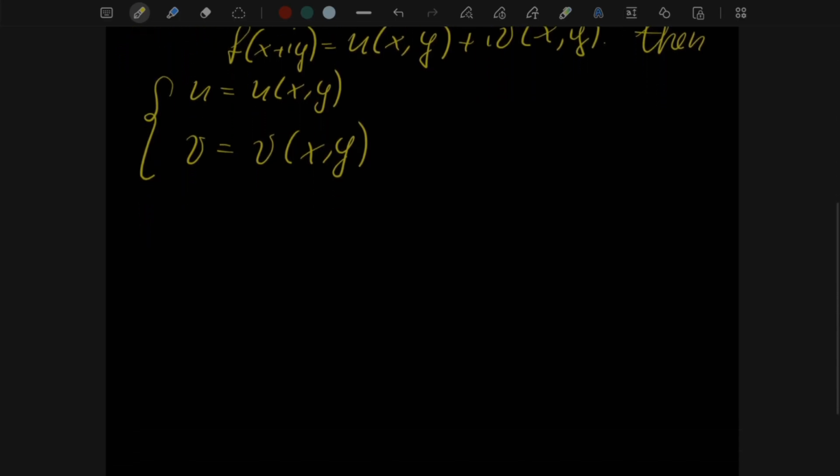Now, let's define a limit of our function. So, we have a definition.